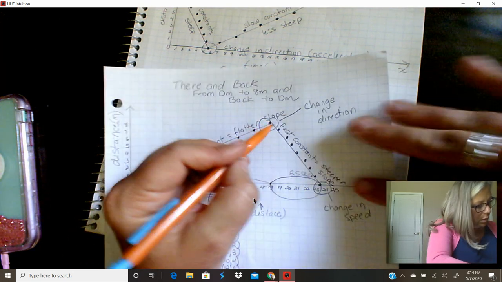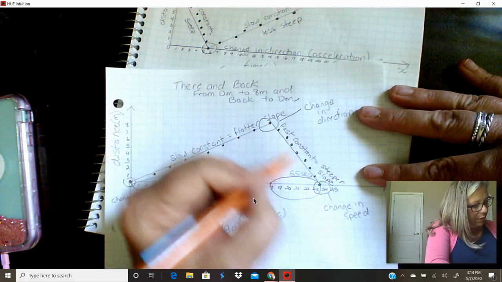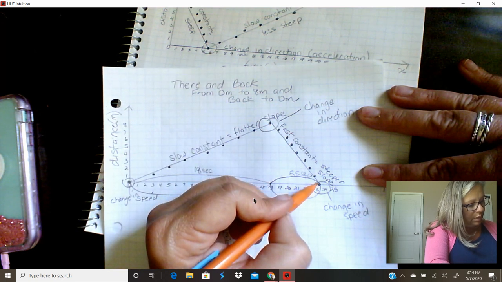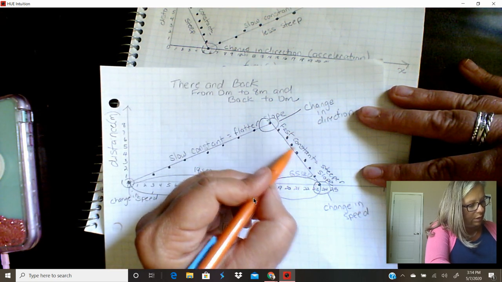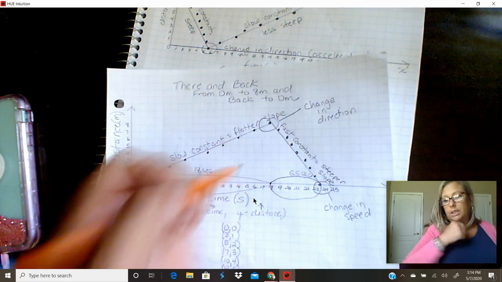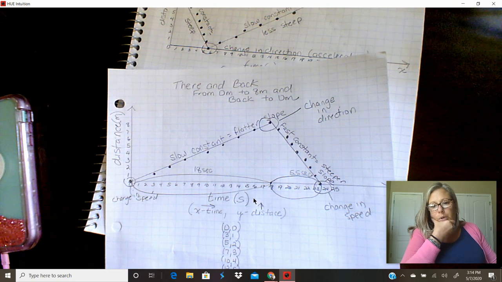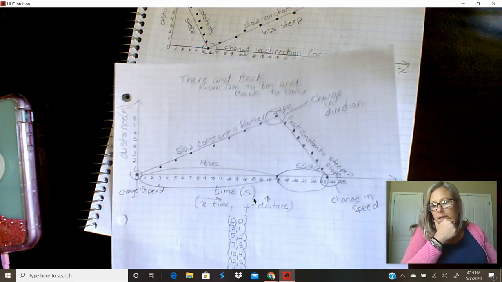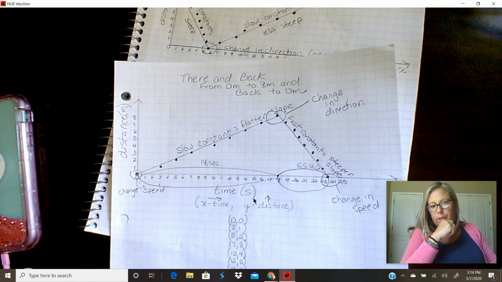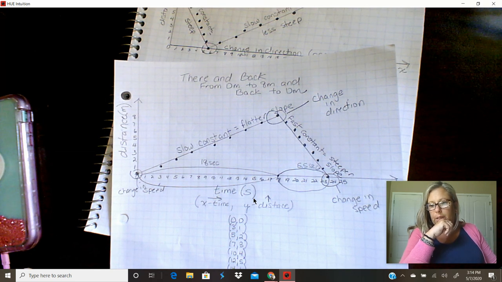Over here, if we had been able to perfectly capture from this distance to this time, we'd have a perfect diagonal, but Nick was slowing up and speeding up a little bit, or else I was collecting the data a little bit wrong. So any of those little bumps or jags inside of the diagonal would actually be a slight amount of acceleration because it's a slight change in speed throughout his walk. But it's very hard to have a perfectly constant speed, especially if you're a person traveling.